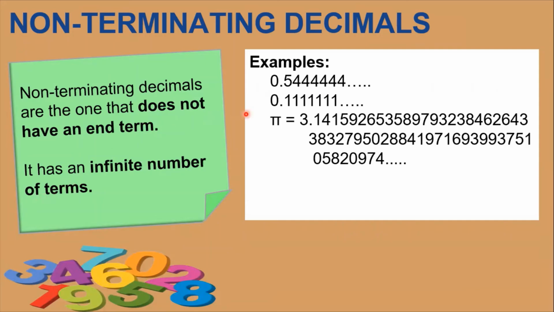Examples: 0.5444 and so on, 0.111, and pi, which is equivalent to 3.14159265358 and so on. Notice that it does not contain a specific number of decimal digits. So these are the non-terminating decimals.